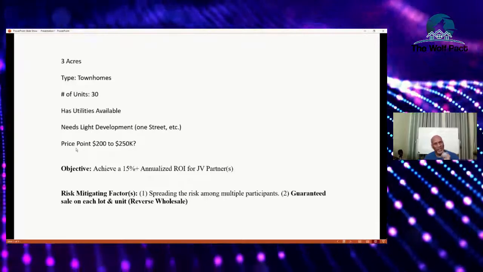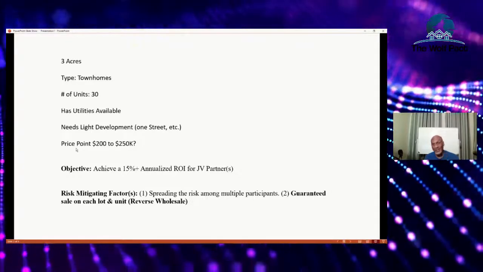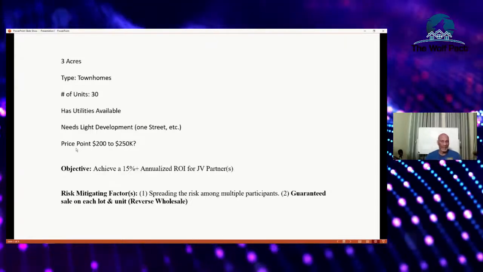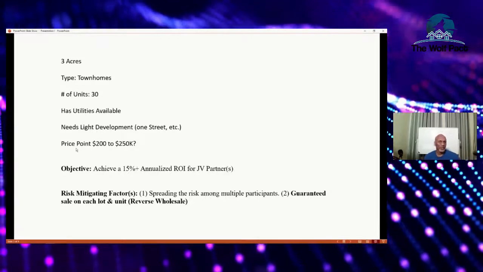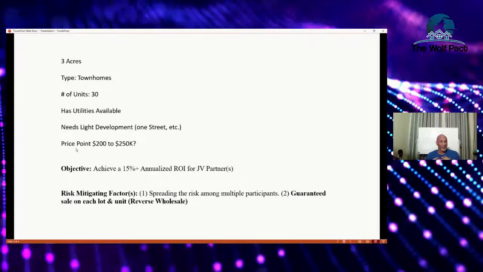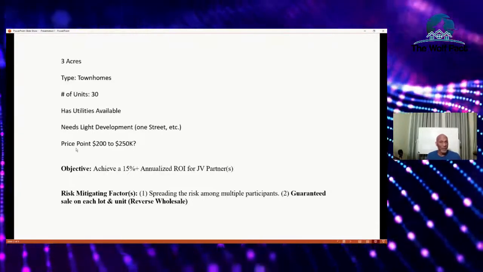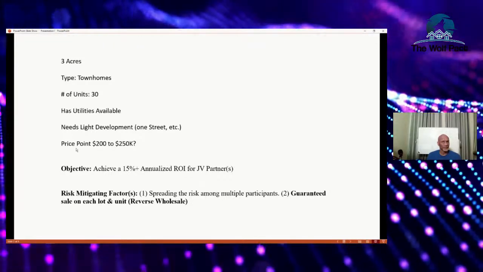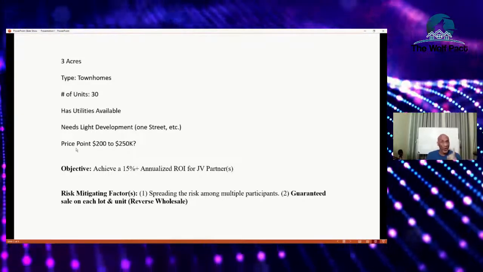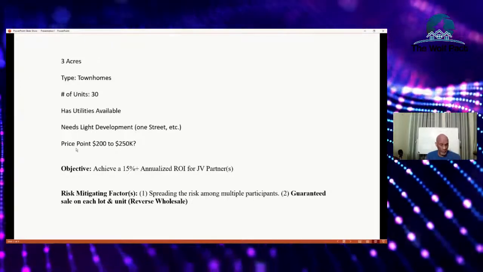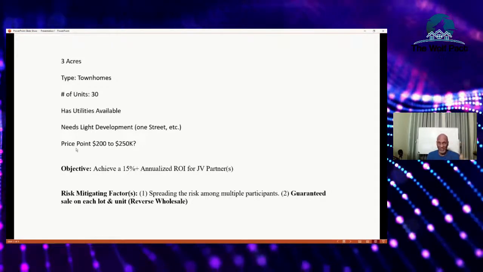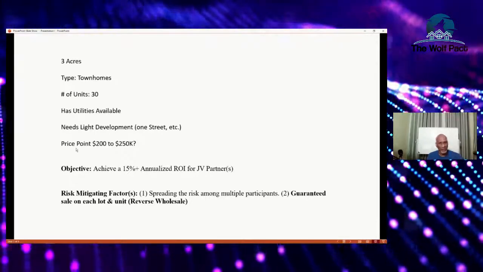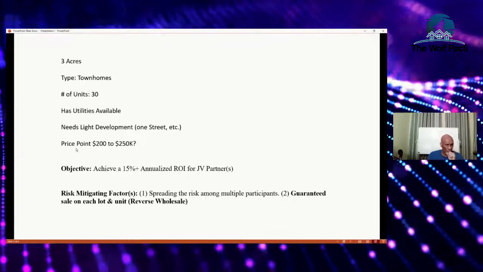But remember, as a deal architect, always look at the risk first. Always risk first, profit second. So what are the risk mitigating factors for us in the wolf pack using the wolf pack method? Number one, we have multiple member participants to spread the risk on. No one member will ever, unless they just insist on it, have to carry all the risk themselves. So that's the first way.